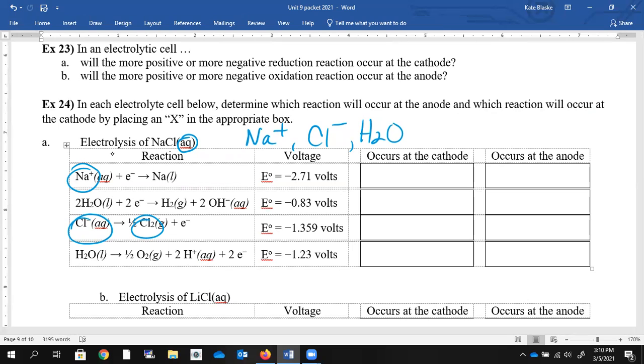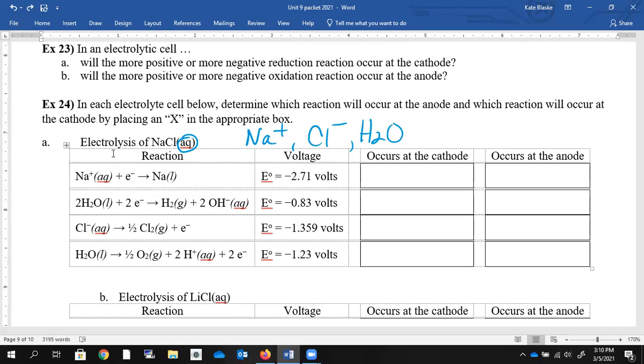It's not going to gain any more electrons. Cl minus 2 is not a thing. Sodium is not going to be oxidized. It's not going to lose any more electrons and become sodium plus 2. So I really only have 2 options here for my sodium and my chlorine. I can't flip those equations around and make things happen because I don't have both reactant and product like we did in the galvanic cells.